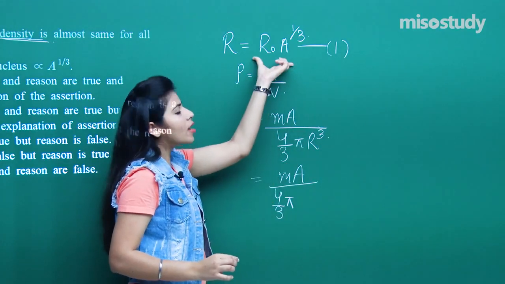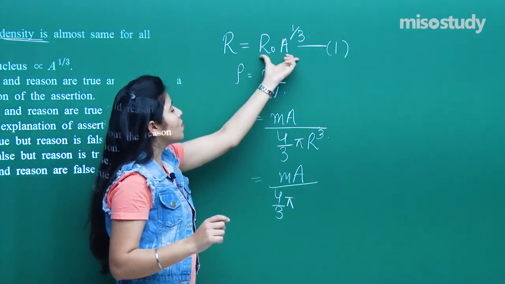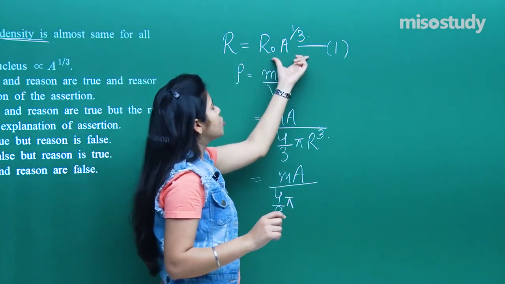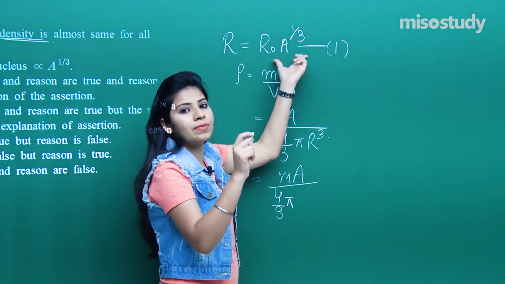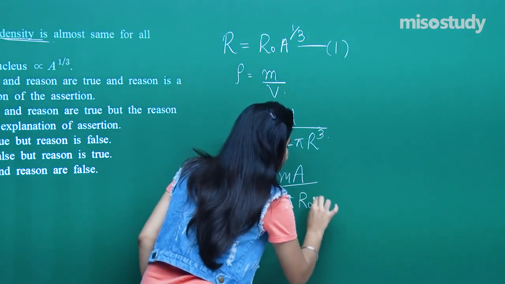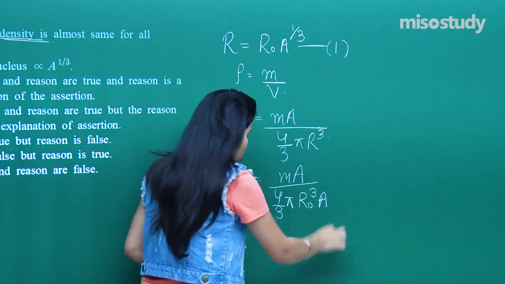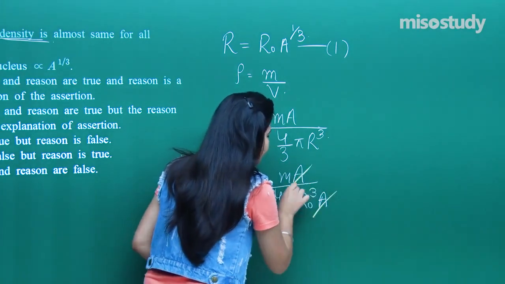Now you have to cube this complete equation number 1. So r cube will be r naught cube into A raised to the power 3 multiplied by 1 by 3. So that means you will have r naught cube multiplied by A. Now you can see here A and A are getting cancelled.